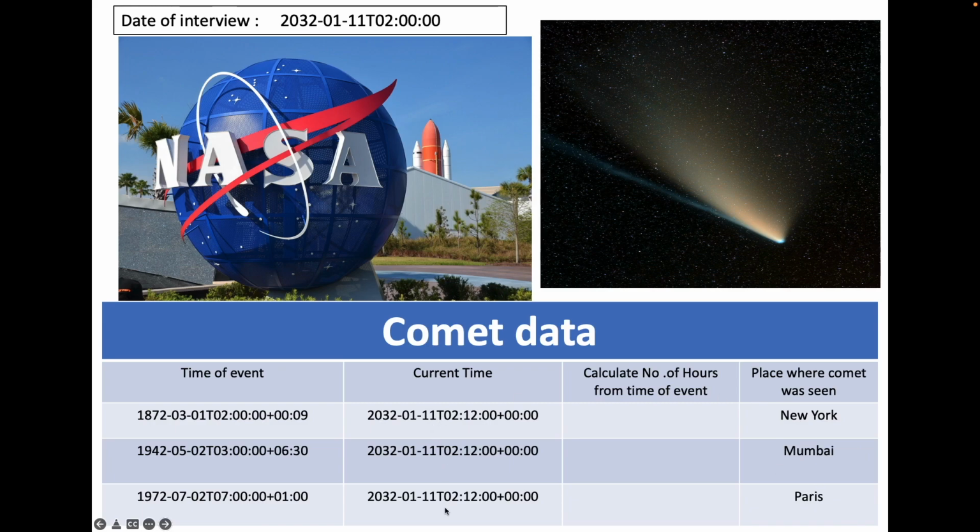So you have been asked in the interview to calculate the number of hours from the time of the event. So you have to subtract the time of the event from the current time and then convert it into the number of hours.